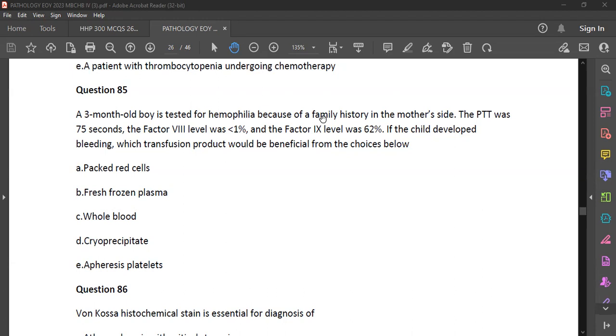If the child develops bleeding, which transfusion product will be beneficial from the following choices? After we just mentioned it, cryoprecipitate. One of the factors that's going to be there is factor 8, which is going to be useful in our case. Okay, you can continue.